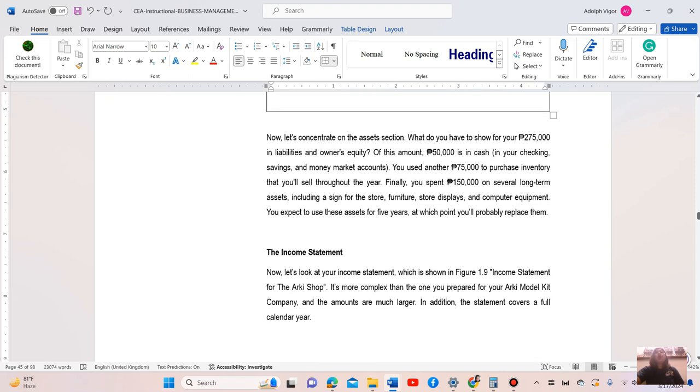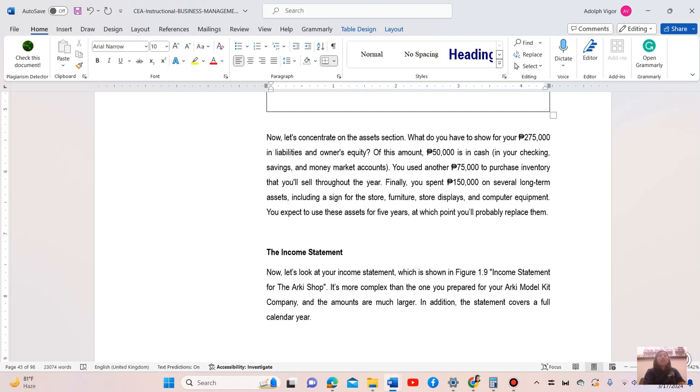Now, let's concentrate on the assets section. What do you have to show for your 275,000 in liabilities and owner's equity? Of this amount, 50,000 is in cash in your checking, savings, and money market accounts.